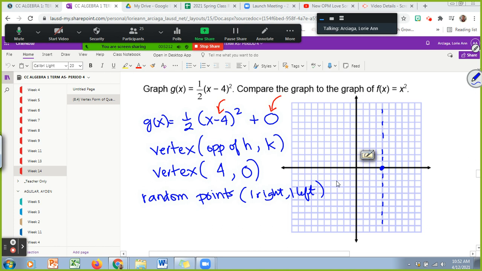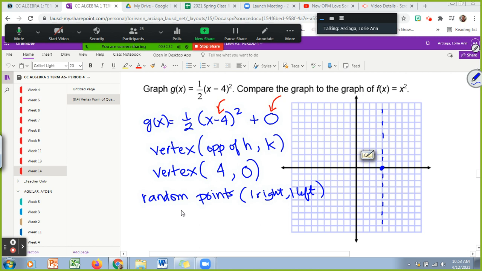Yeah, let's try 3. If you're gonna ask me, I would actually try 5 or 3. Yeah, those are the two things I'm gonna try. I'm gonna get immediately the numbers to the right and to the left. So stay close to the vertex.